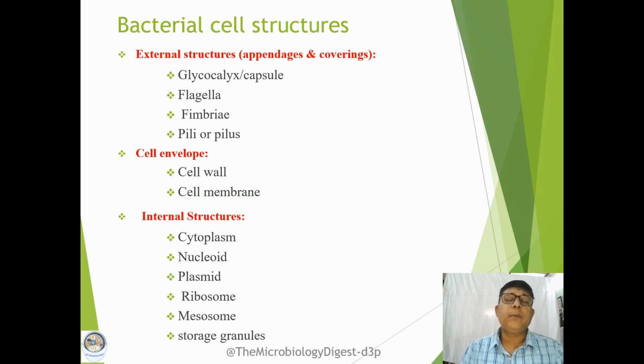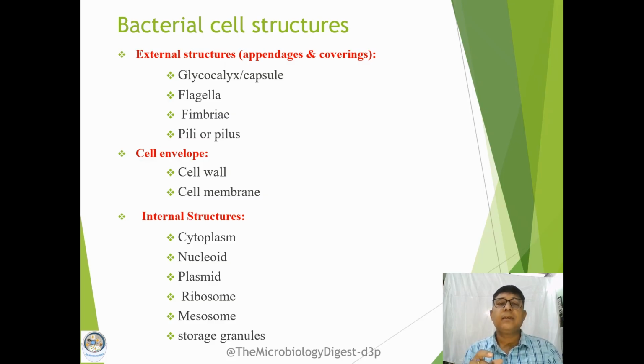Now, coming to the bacterial structures, if we consider one bacterial cell, we can divide the different structures present in a bacterium into three different parts. First, the external structures, which include the appendages and the coverings.